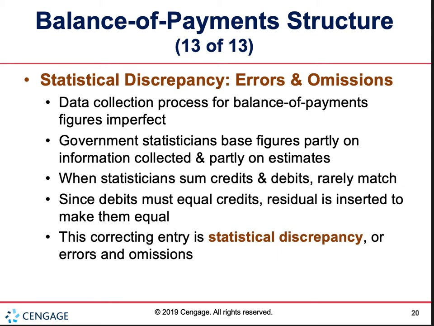So because of this, they find the residual, or whatever's left over, and insert it back into the balance, and from there they make it equal. So basically you're using the residual, actual minus predicted, and you add that back to your sum. Now this correcting entry is a statistical discrepancy or an error or omission.